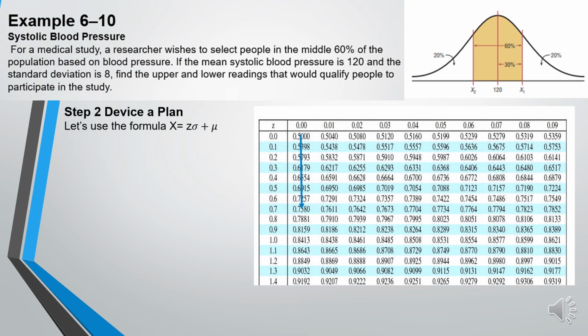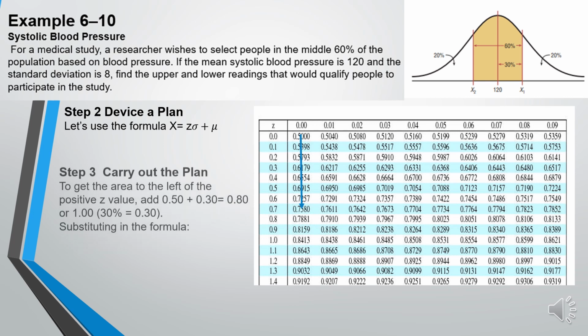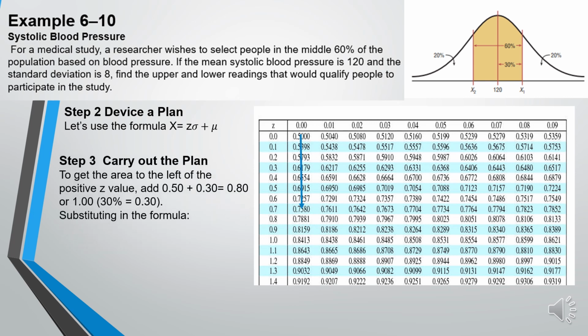Step 2. Devise a plan. Let's use the formula x is equal to z times standard deviation plus mean. Step 3. Carry out the plan. To get the area to the left of the positive z value, add 0.50 plus 0.30, wherein the 0.50 is given and the 0.30 is given based on the curve.